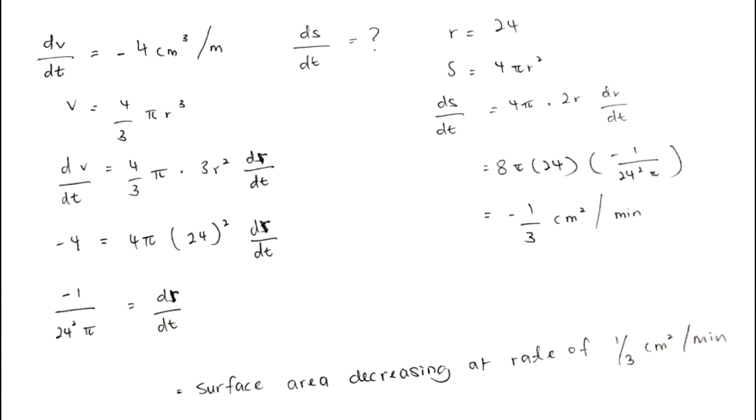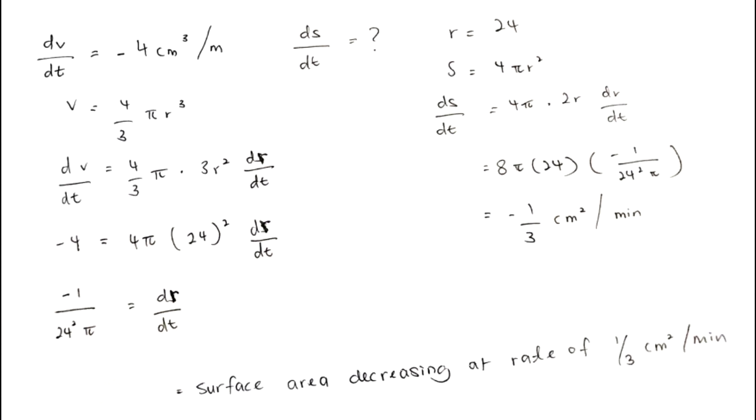We insert the value of the radius and the value of dr over dt. So the equation is 8 pi times 24 times -1 over 24 square pi. We calculate and get -1/3 cm square per minute.